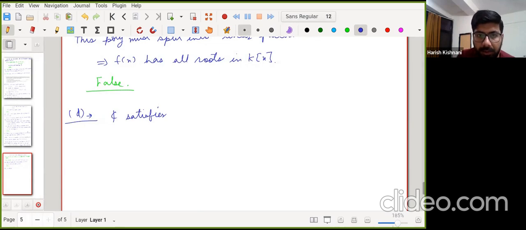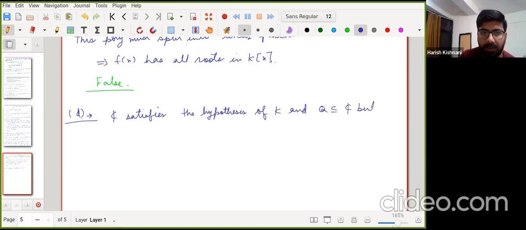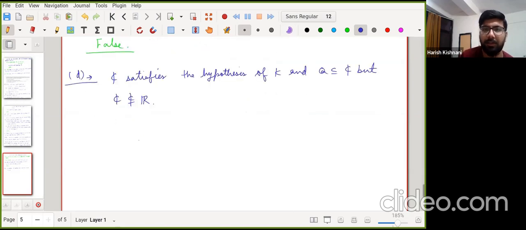So C satisfies the hypothesis of K, and definitely Q is inside C, but C is not inside R. Right. So yes, the statement is false.